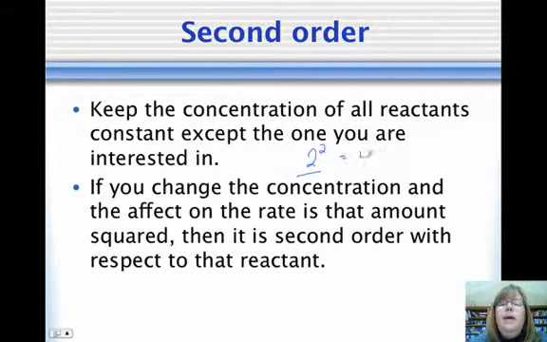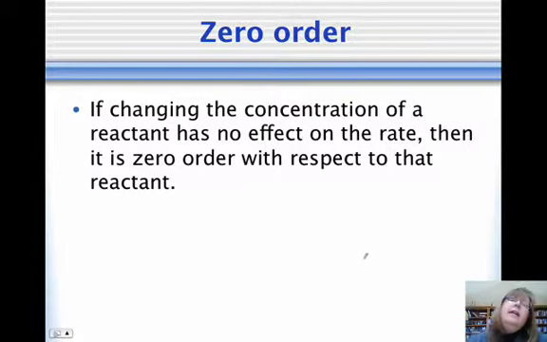You square it, and then that's how much faster the rate would go. What if you had made your concentration, and it's a second order concentration, 10 times greater, and that reactant is second order? The rate would have gone 100 times faster. So that's second order.